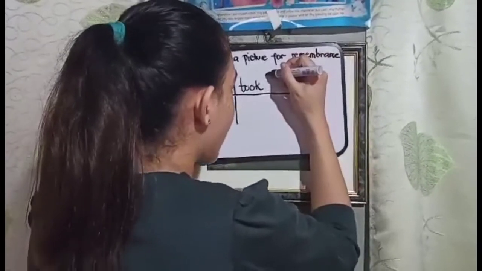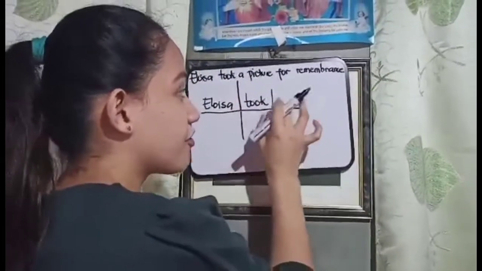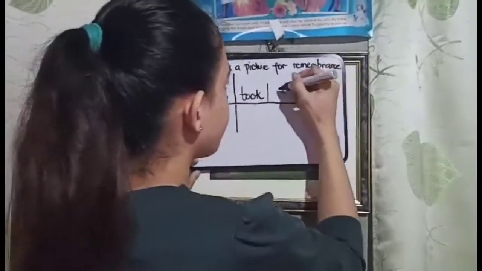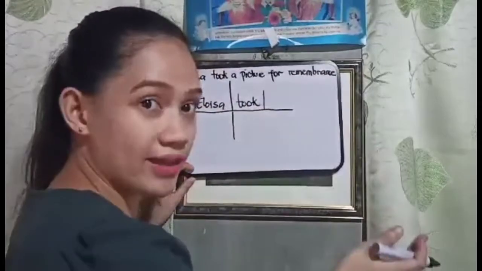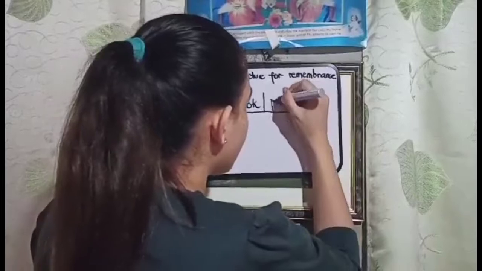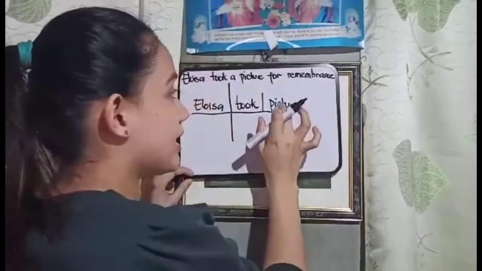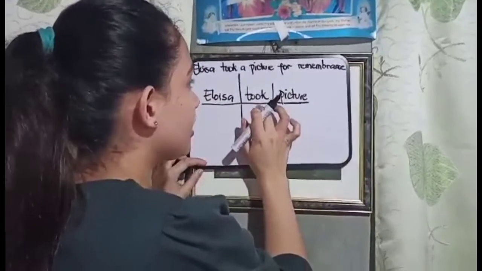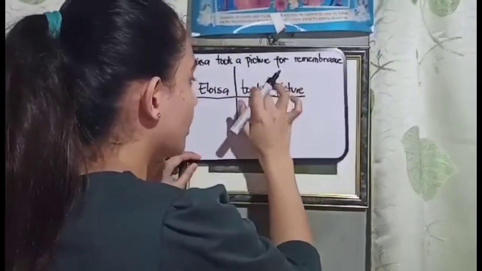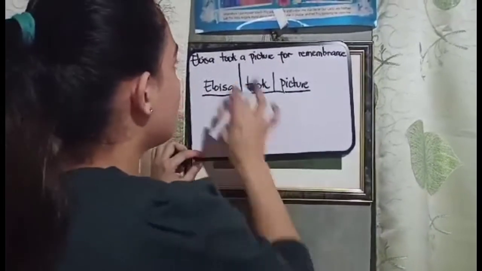Let's draw a straight line here to separate the verb from the object. Eloisa took a what? A picture. So picture is our direct object because it receives the action took that is done by our subject Eloisa.